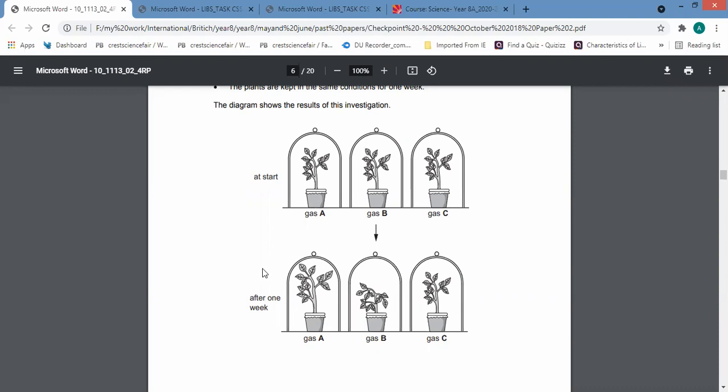Yes, the size in gas A? It grew larger. The size increased. So what about the other one in gas B?